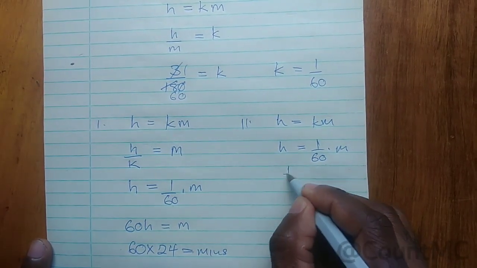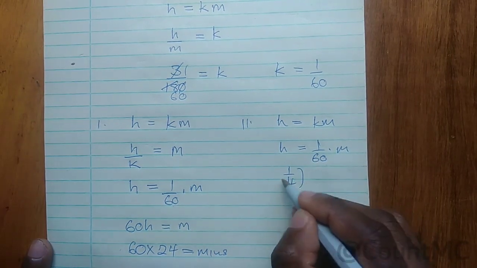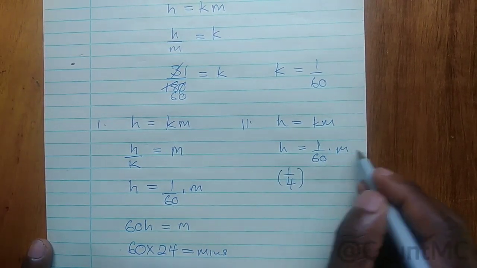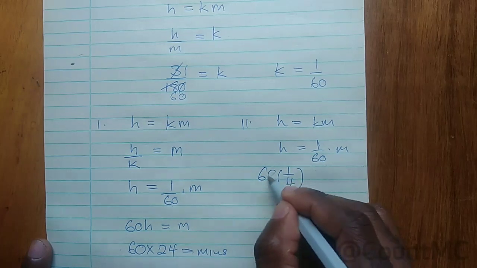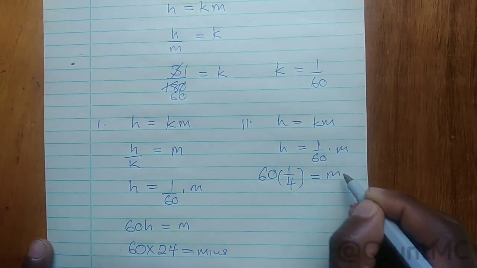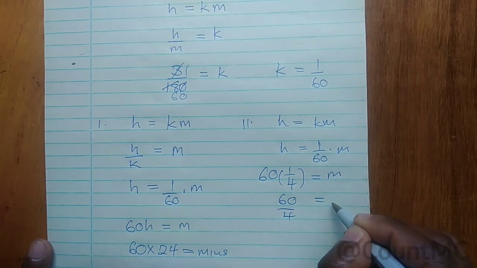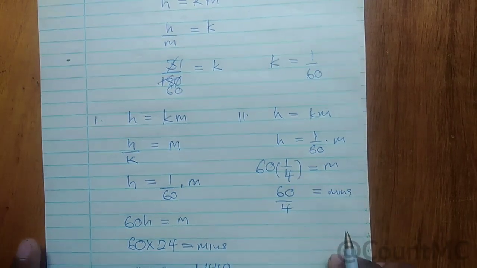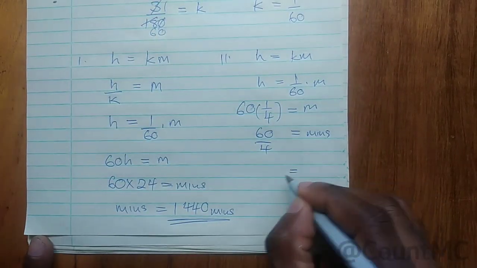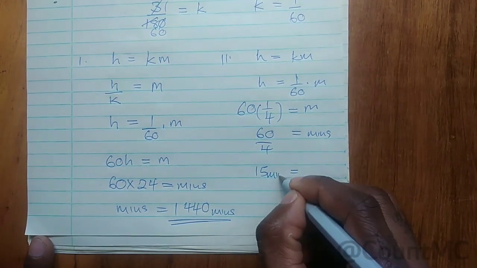So this is a quarter, and we multiply by 60 both sides. 60 will come this side. So we are left with 60 divided by 4 is equals to minutes. So this is 15 minutes.